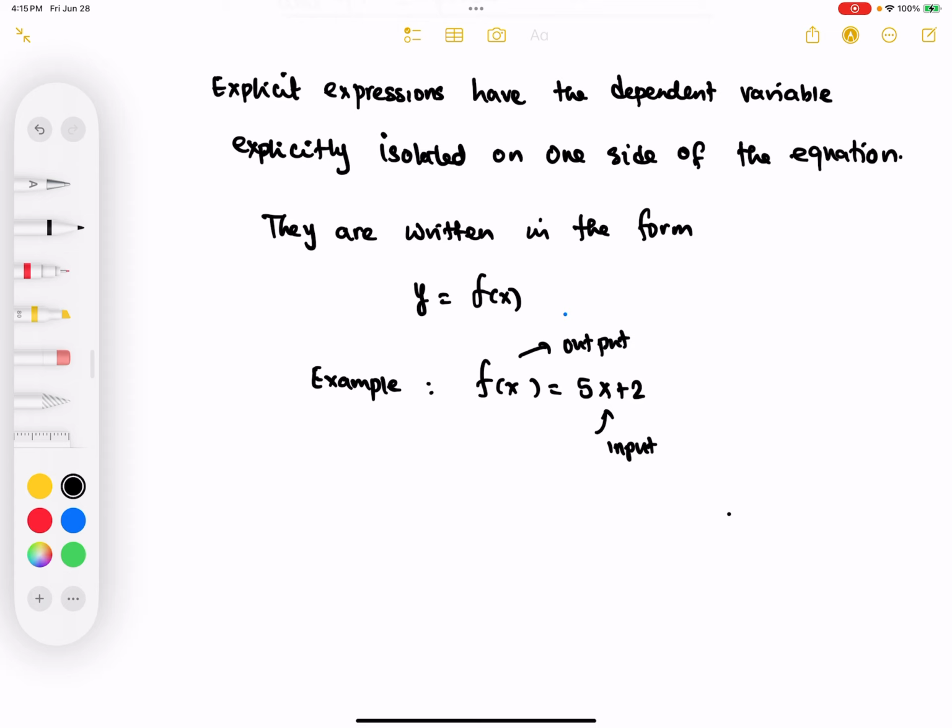However, there are other expressions we call implicit expressions.